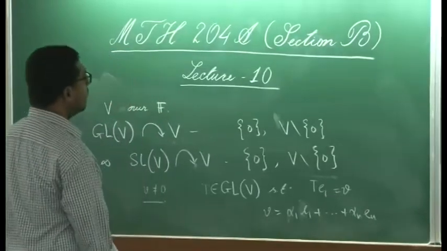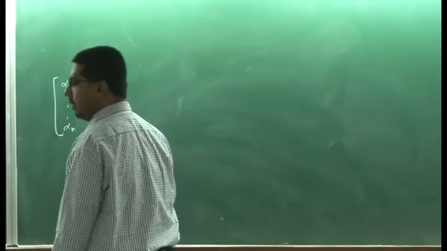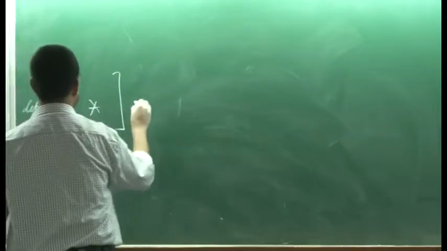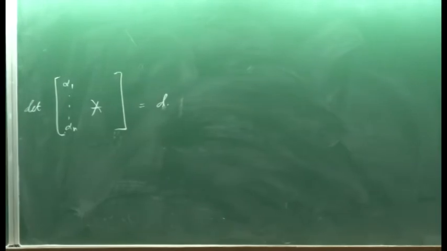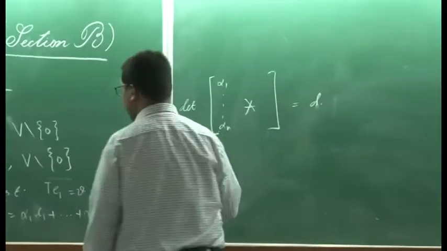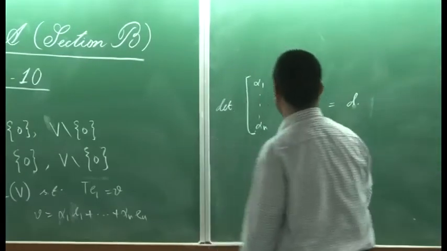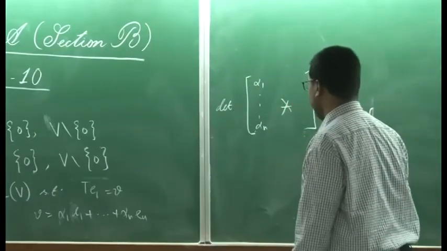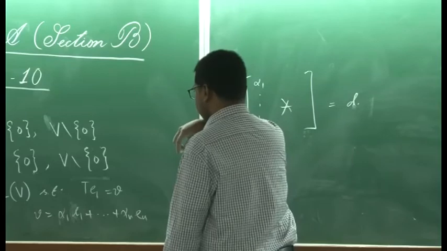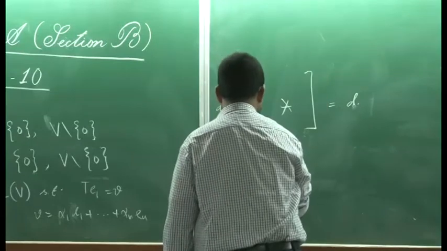Now I do not know what the determinant of this matrix is. So let D be the determinant of this matrix. The idea for choosing an appropriate T from SL(V) is that we would like to divide one column of this matrix by this D. This is what we want to do. So consider this new matrix, let us say the second column.